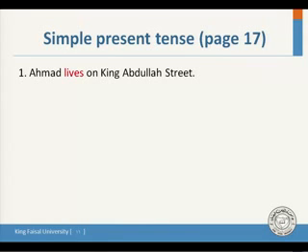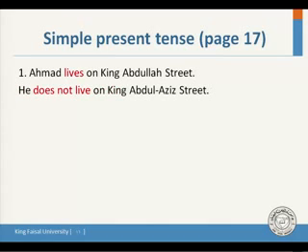The verb is lives, which means that this is a fact or a general truth. He lives there. Now, how do you negate this sentence? The negative, he does not live on King Abdulaziz Street. He lives on King Abdullah Street. He does not live on King Abdulaziz Street.